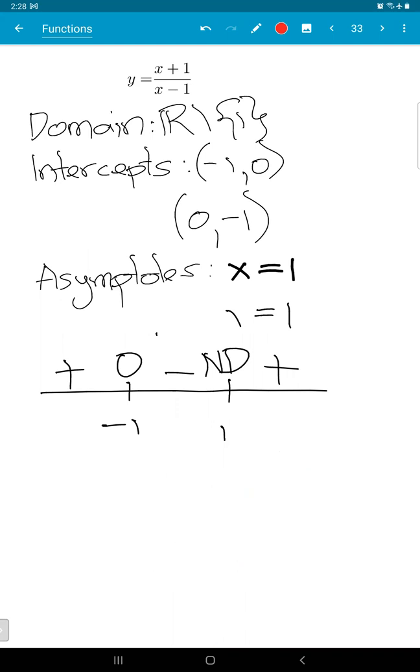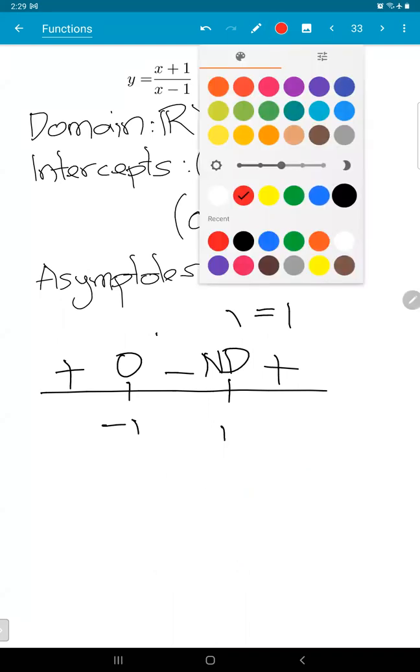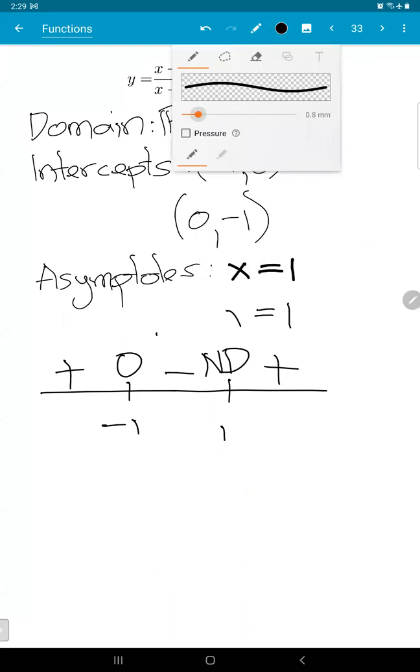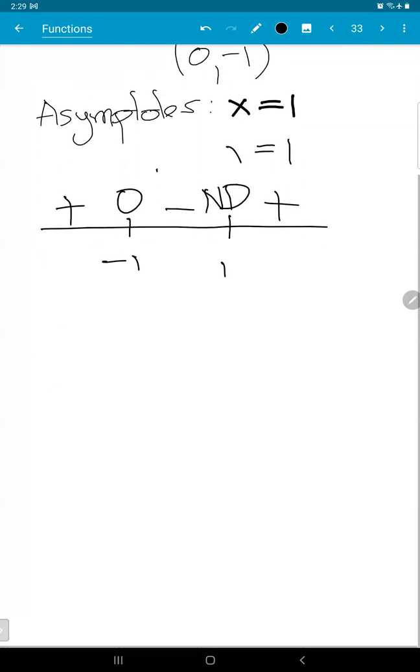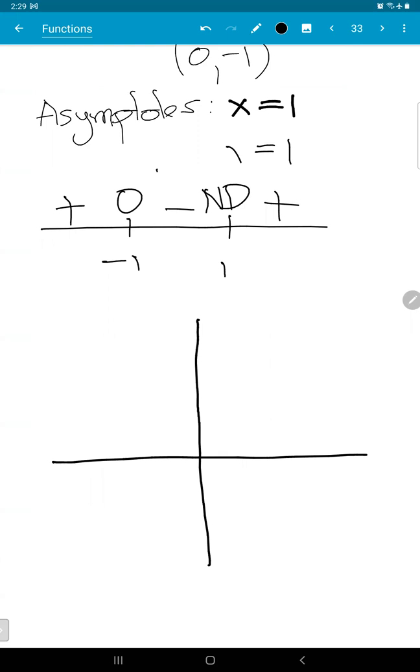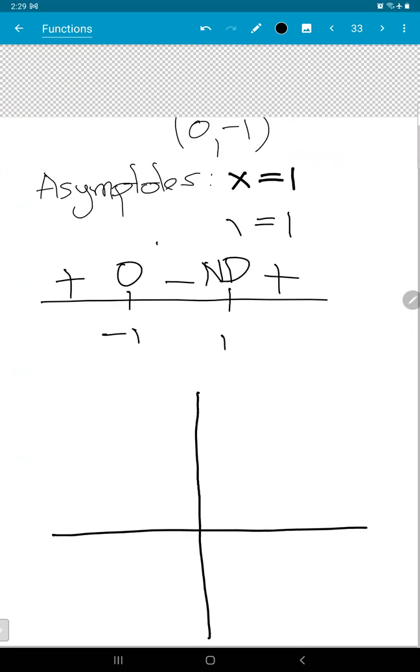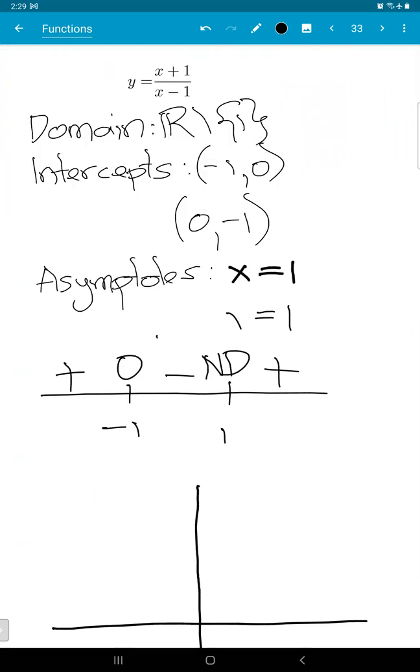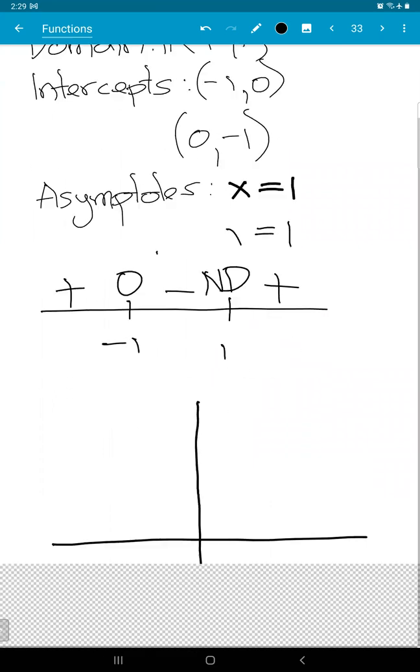Now, next. Let's draw the Cartesian plane, the XY plane. And then you plot all points available, the intercepts.